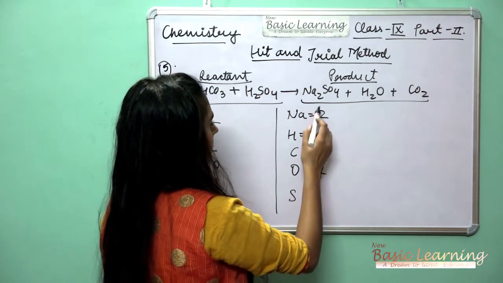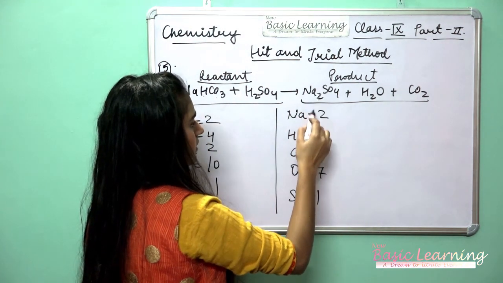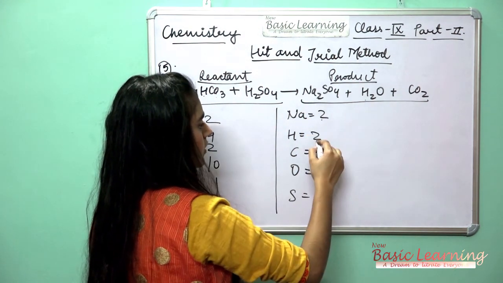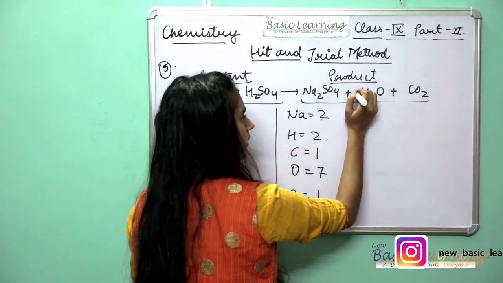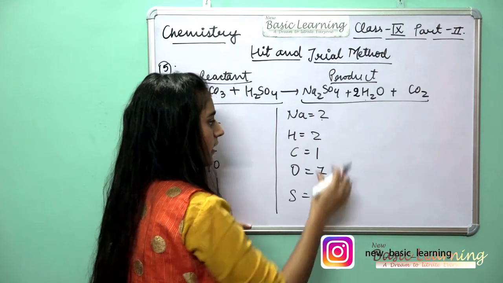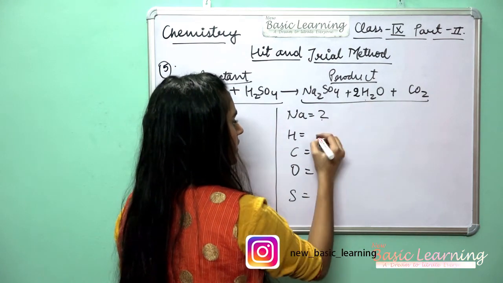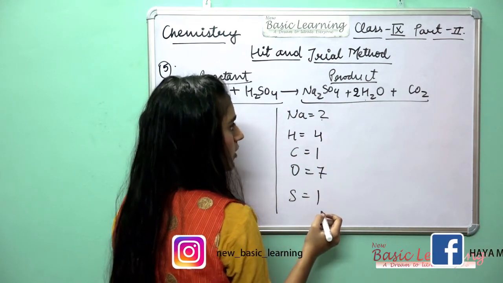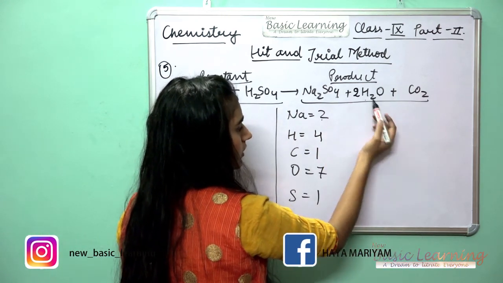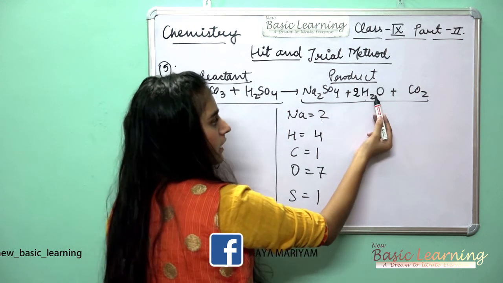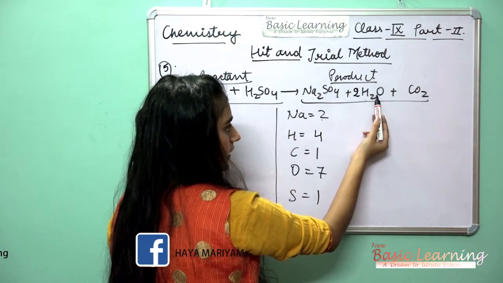At this side, sodium is 2, hydrogen is 2, here hydrogen is 4, so here I will write 2 and at the same time it becomes 4.